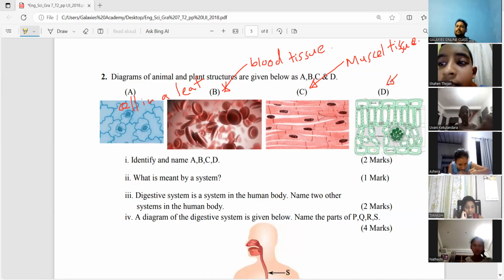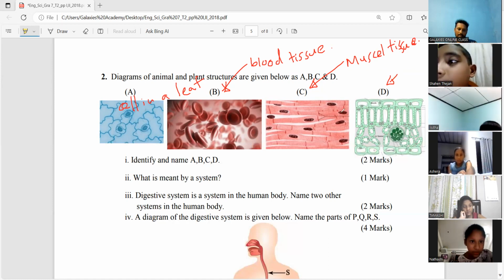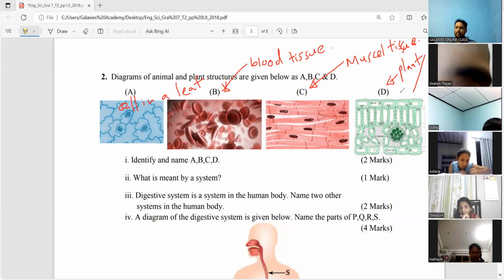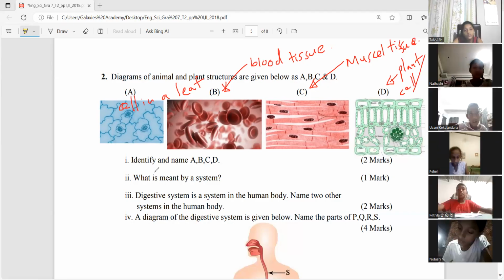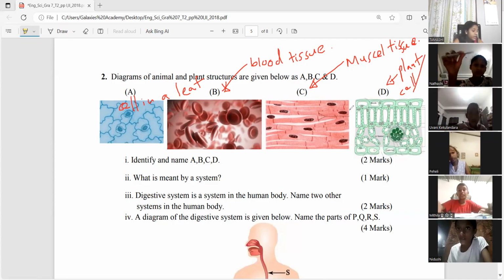Then D, animal or plant cells? Plant cells. Yes, it is plant cells. Right, they are the answers for the first part: A, B, C, and D.